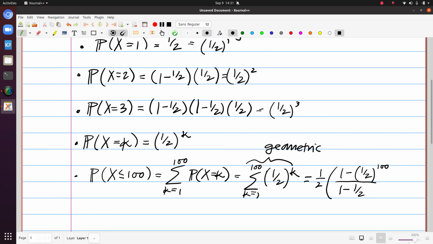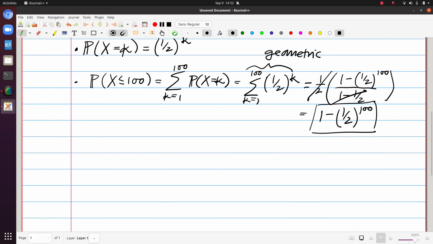The number of terms is 100. So we could simplify this in that this multiplier cancels the denominator, and we would get 1 minus 1/2 raised to the 100th. So this geometric series gives us a nice way to find a probability.